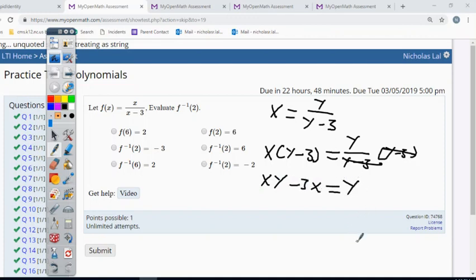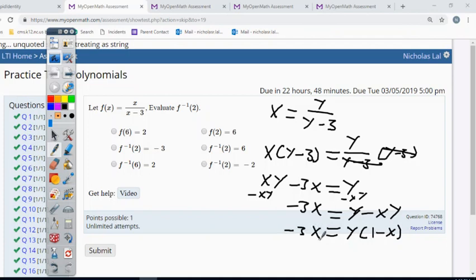Now I need all my y's on the same side. So I have negative 3x, subtract xy from each side, is equal to y minus xy. I need to get y by itself, so I need to factor out a y on the right side. This is equal to y times 1 minus x is equal to negative 3x.